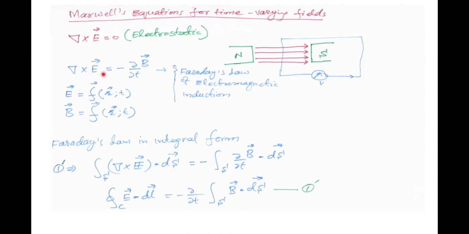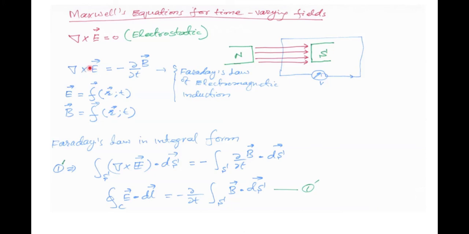So del cross E equal to minus partial by partial t of B represents Faraday's law of electromagnetic induction, where E is a function of position vector and time. Similarly, the B field, the magnetic flux density, is now a function of position vector and time.